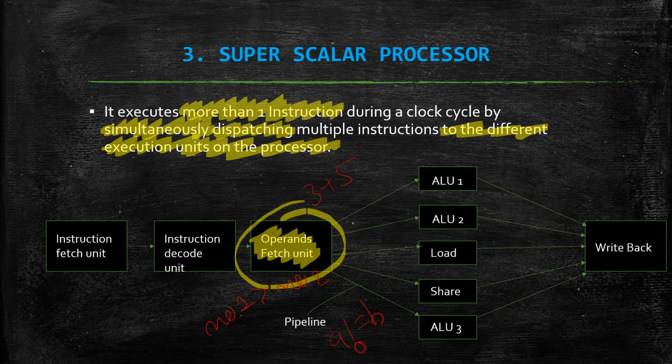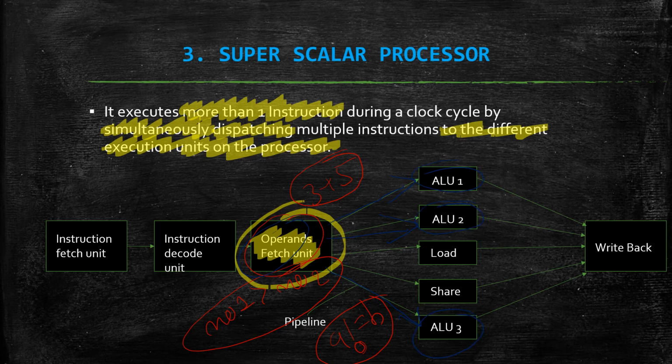Suppose I have these three different instructions. Because I have multiple instructions, first instruction, second instruction, and the third instruction, this unit will give all the instructions simultaneously. So see, it is giving all the instructions to different processors, ALU1, then ALU2, then ALU3, everything.